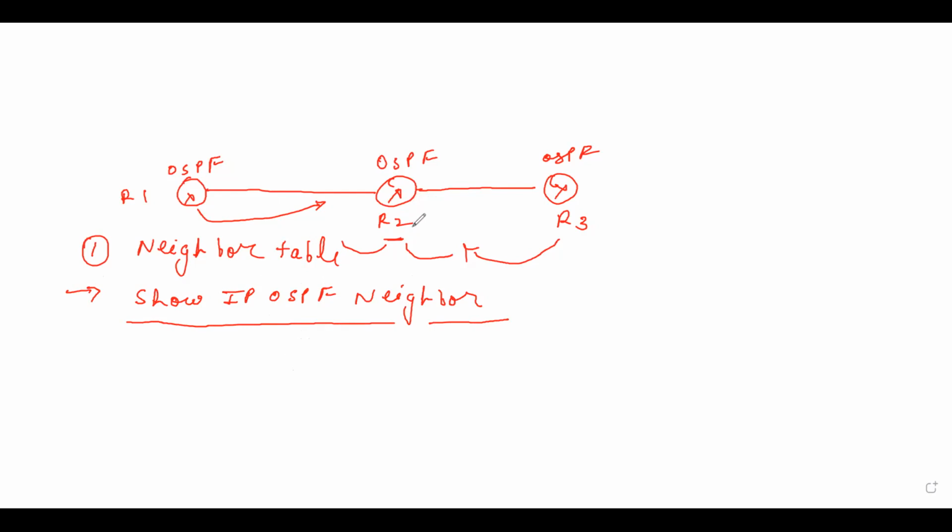Let's talk about types of messages in OSPF. First, we have the database table in OSPF. The database is actually the information of your links, the information of your LSAs.